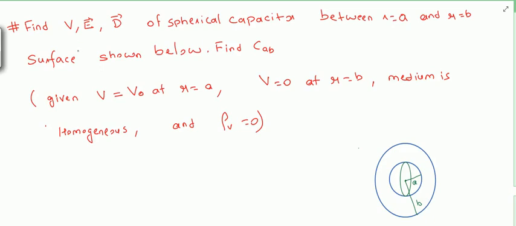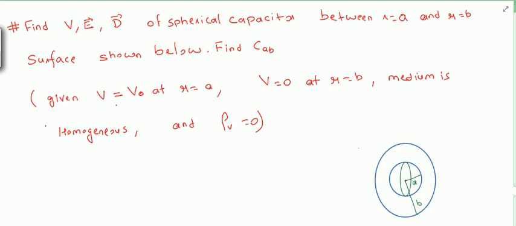Basically this is not a question, it is some type of derivation. You have to find V for a spherical capacitor between R equals A and R equals B, as shown below. After finding V, you have to find C_AB.